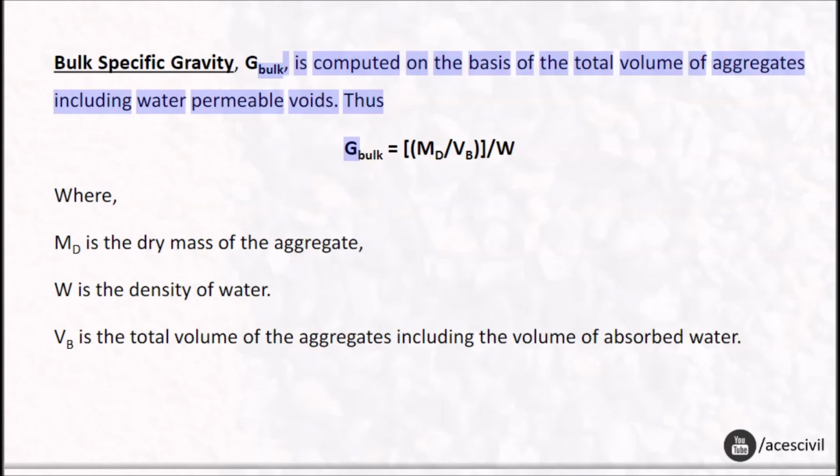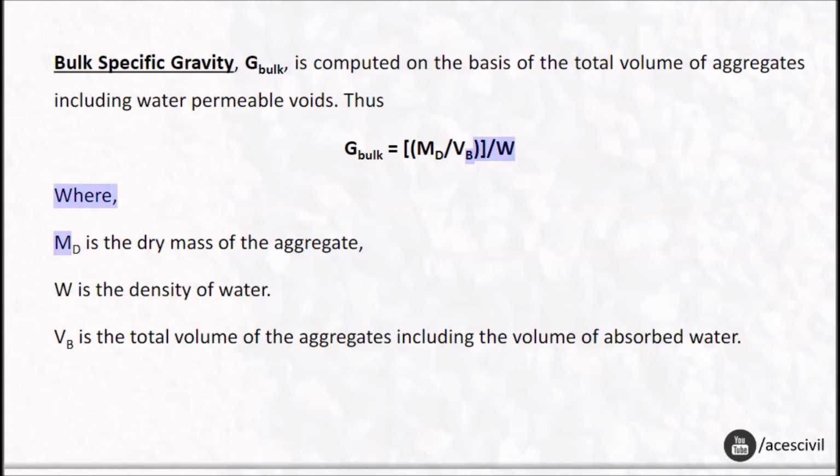Thus G_bulk equals M_d / (V_b * W), where M_d is the dry mass of the aggregate, W is the density of water, V_b is the total volume of the aggregates including the volume of absorbed water.